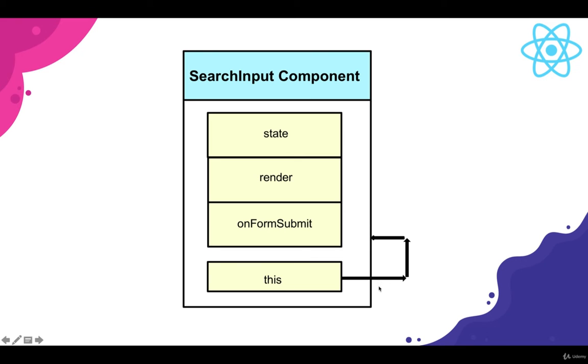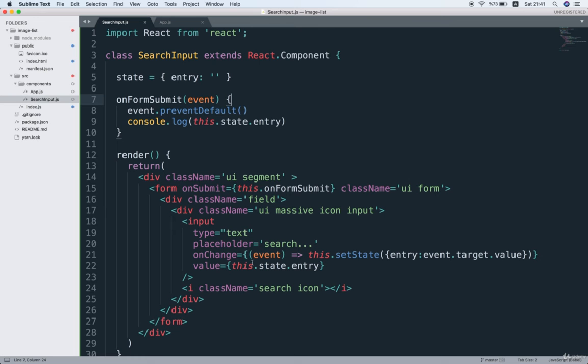Then we can use that to get direct access to our state, render, or onFormSubmit properties. So, for example, I could say this.state, and it'll give me access to the state object that belongs to this particular instance of the search input.